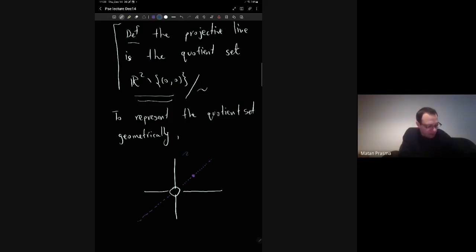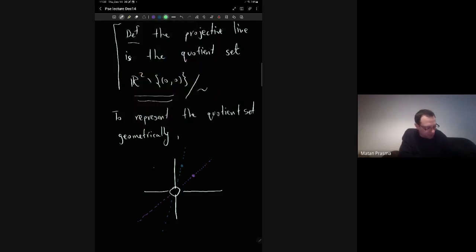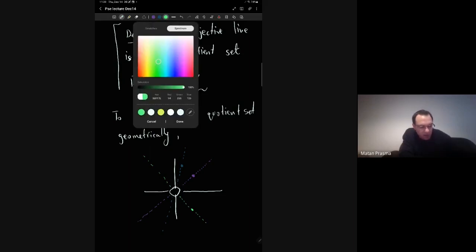I have another line. I take just a point here. And maybe also a green one. So each of these colors is one equivalence class.